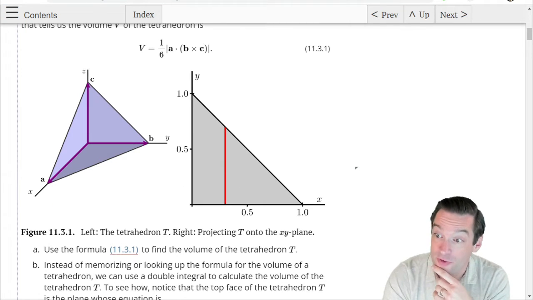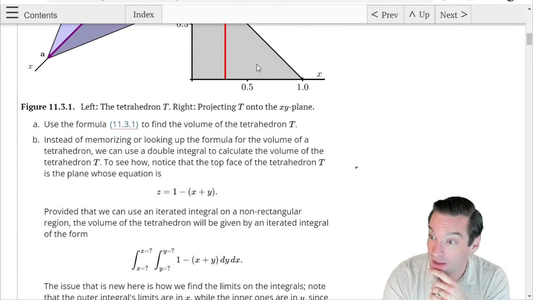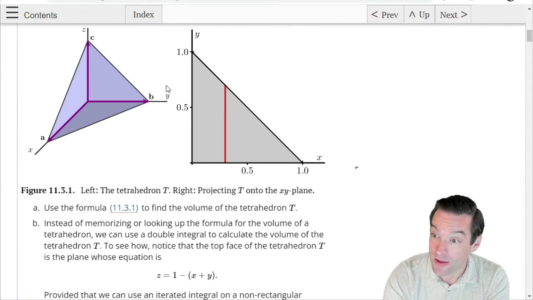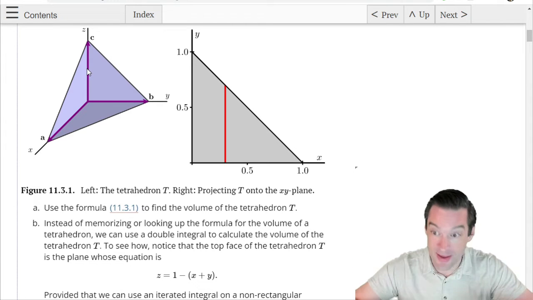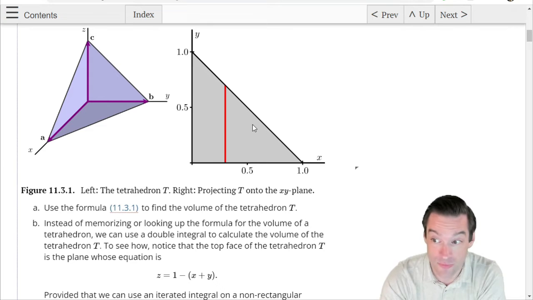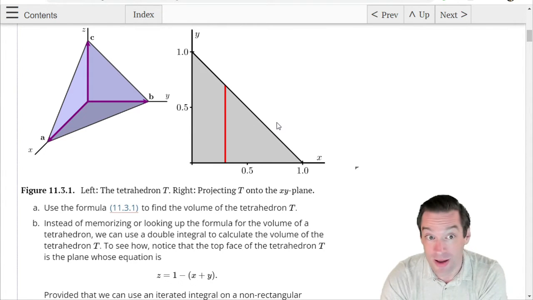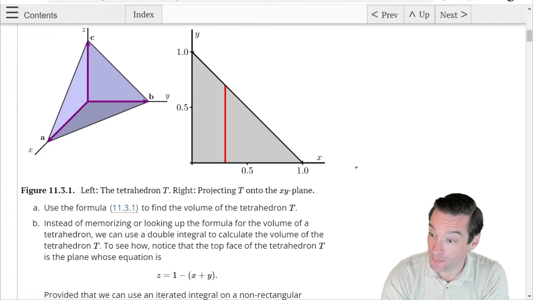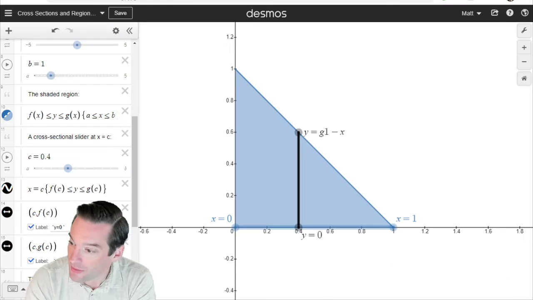If the top surface of this tetrahedron is described by the graph of the function 1 minus the quantity x plus y, then our job is to figure out what limits of integration on x and y will describe what we would call the projection of this tetrahedron down onto the xy plane. So we just squish the tetrahedron down on the xy plane. It looks like this triangle. And so by finding inequalities on x and y, let's see if we can describe this triangle and do part B to get this preview activity started.